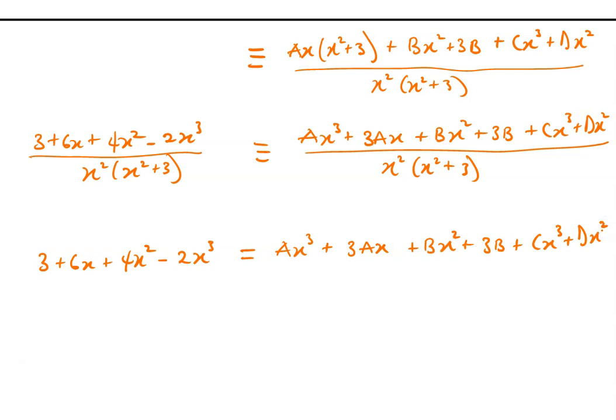Right. So at this moment, we can group the terms. We are going to get ax cubed and cx cubed, right? I always prefer using a different ink so it will not confuse me. So I have ax cubed plus cx cubed, right?